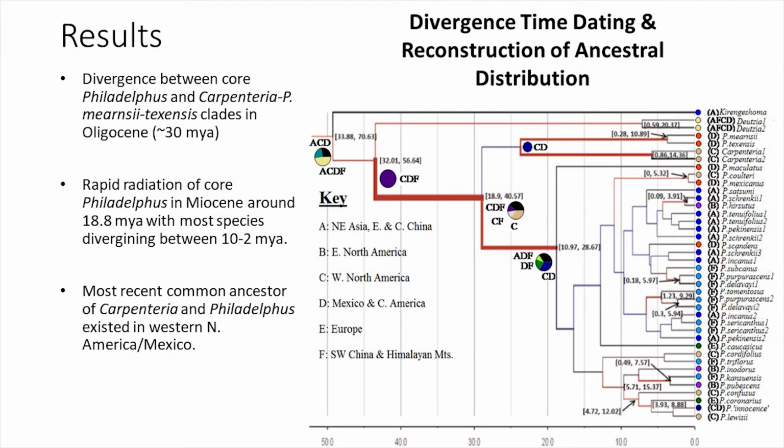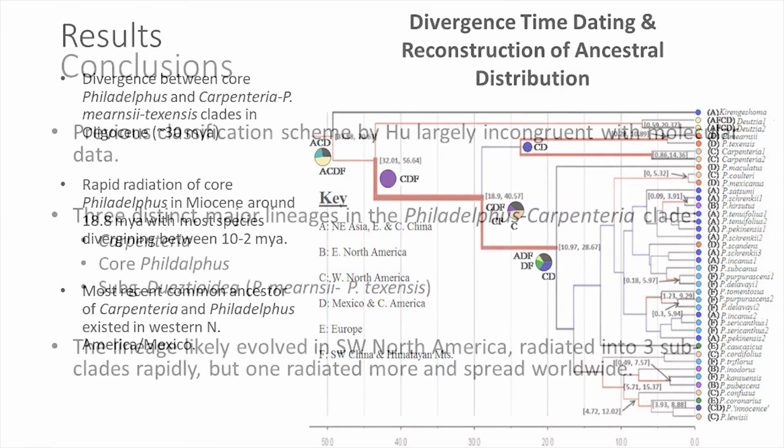And then these other slices of pie still include Western North America and Central America, whereas there is some small evidence for a distribution in Eastern Asia. But we have credible evidence to say, likewise, that this is most likely the origin of Philadelphus itself.